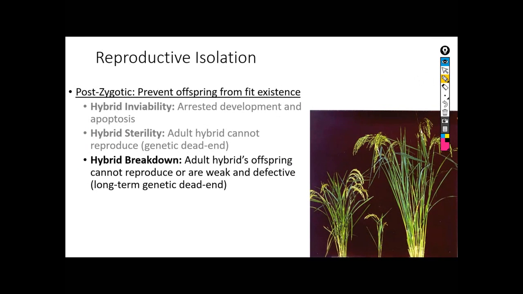The other thing that a hybrid can be experiencing is what's called breakdown, or in other words, not being as good as either parent.